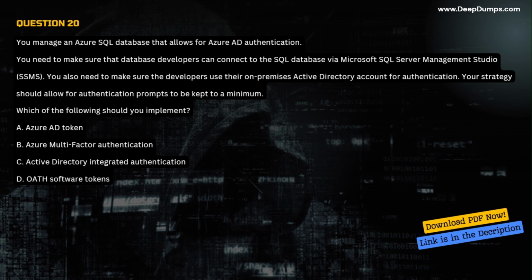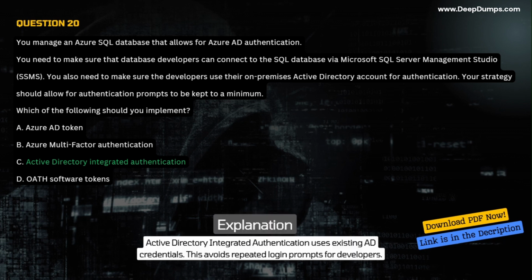A. Azure AD Token. B. Azure Multi-Factor Authentication. C. Active Directory Integrated Authentication. D. OAuth Software Tokens. Correct answer C. Active Directory Integrated Authentication. Explanation: Active Directory integrated authentication uses existing AD credentials. This avoids repeated login prompts for developers.